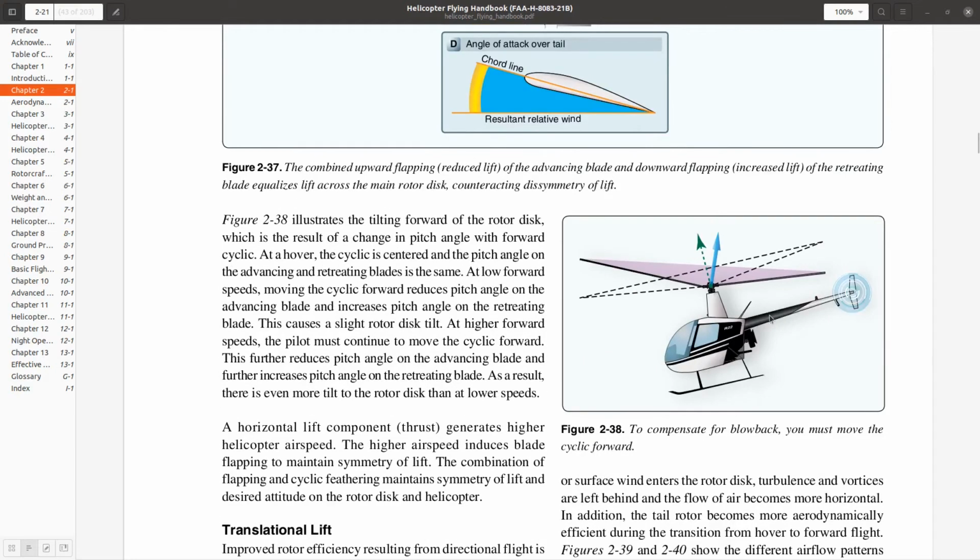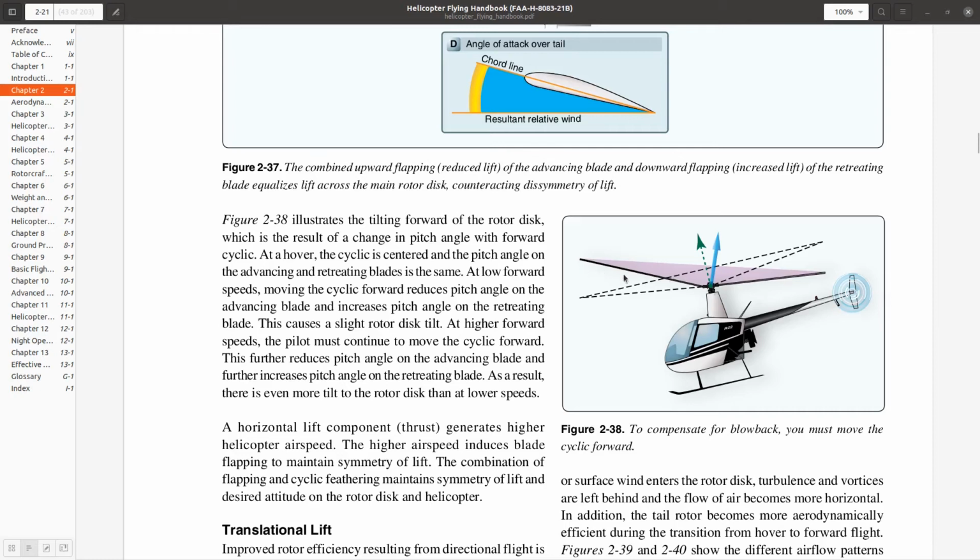So what's blowback? That's the rearward tilting of this disc. And there's a couple of things that cause that. For one, we already saw the pictures of what the induced flow looks like as you go into forward flight. There's another factor or two coming into play here.